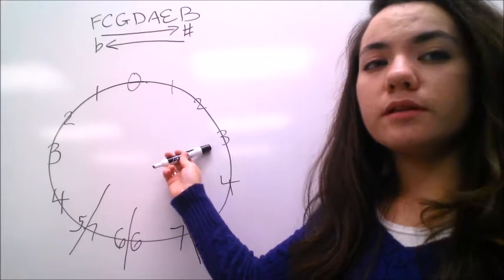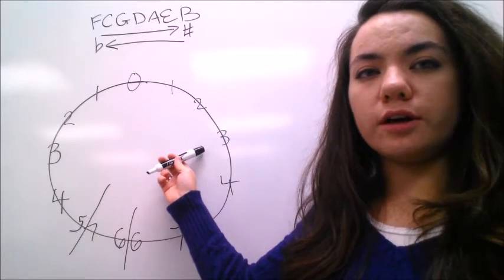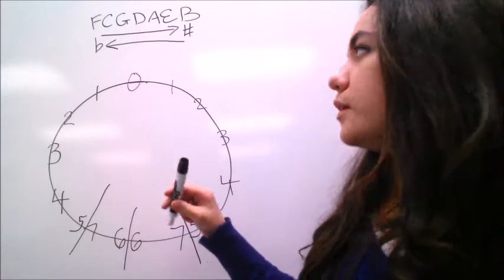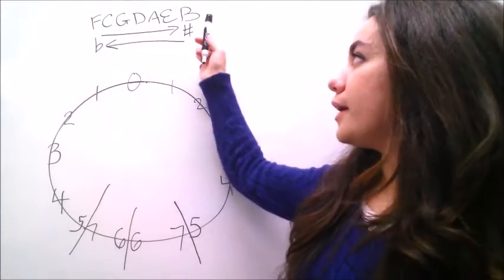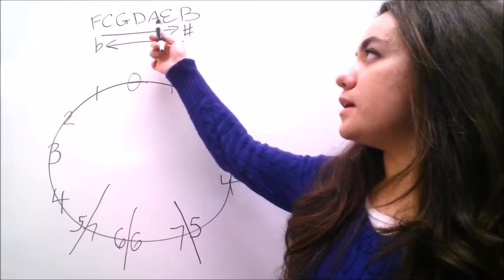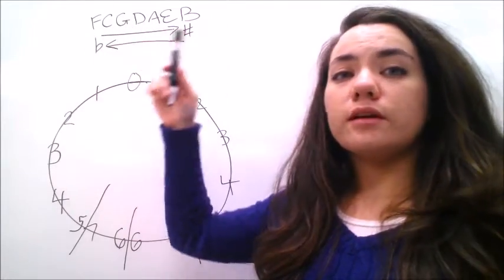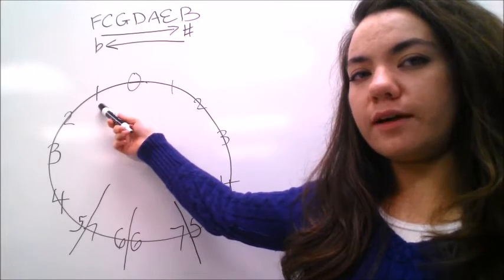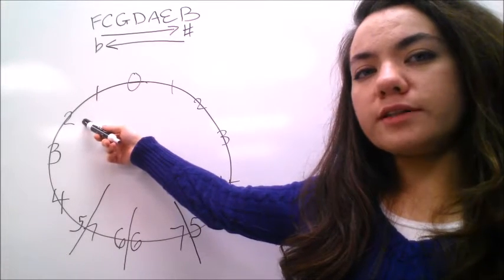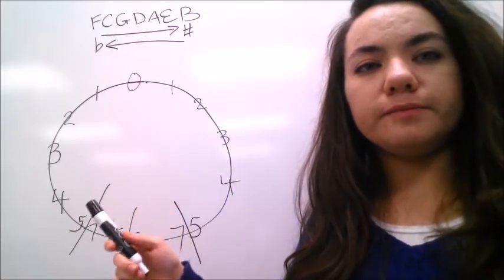These 3 sharps are F sharp, C sharp, and G sharp, etc. The same is true for the flats, but in the opposite order. They are added in the order of B, E, A, D, G, C, F. This signature of 1 flat is B flat. These 2 flats are B flat and E flat, etc.